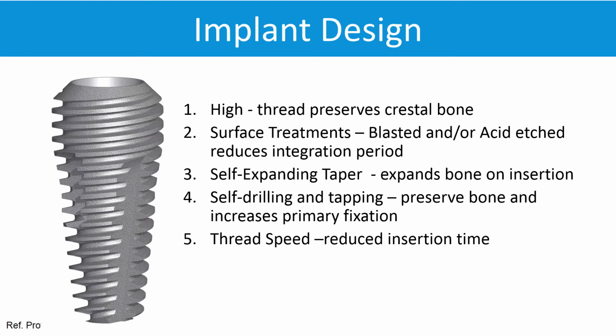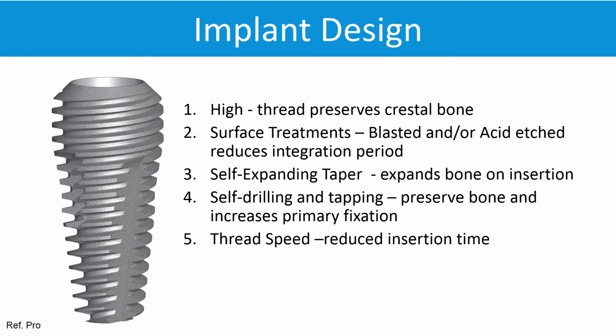Obviously if you had a distance between the threads of 0.5 of a millimeter, then one complete turn would advance the implant into the bone by half a millimeter. So this is what is meant by thread speed, the amount of time it takes to insert that implant.